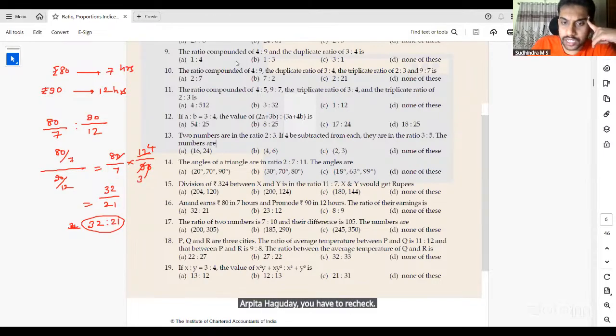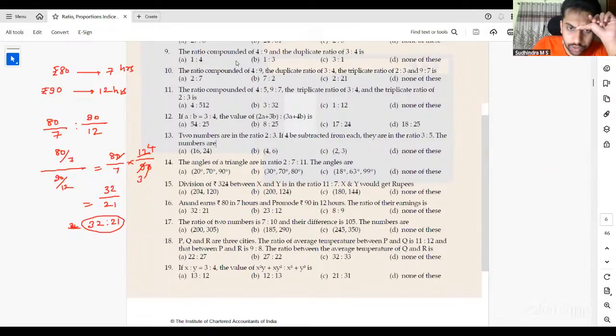Vikram also you have to recheck. Okay, Nachiket, understand. Rachana, no, you have to recheck. Kirti, correct. Sanjana Kuber, you have to recheck. Sriram, correct. Vikshita, correct.